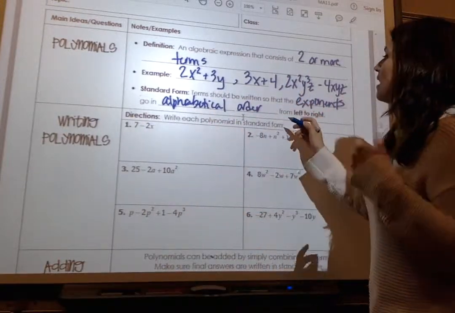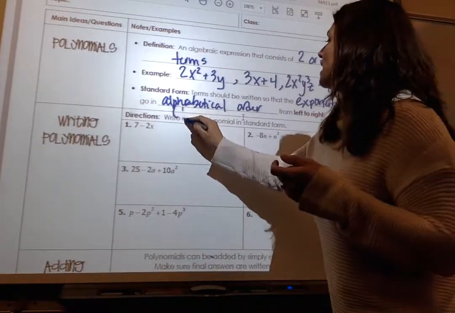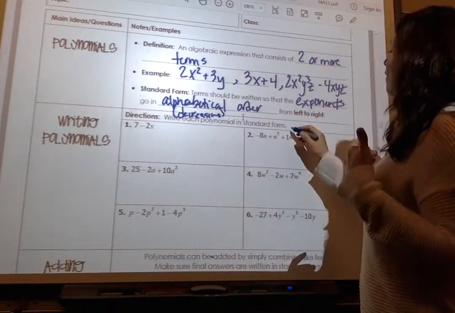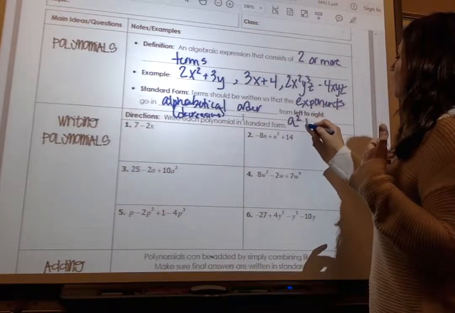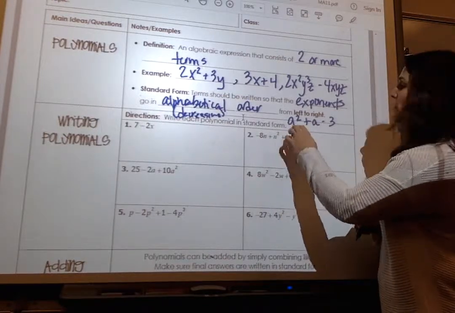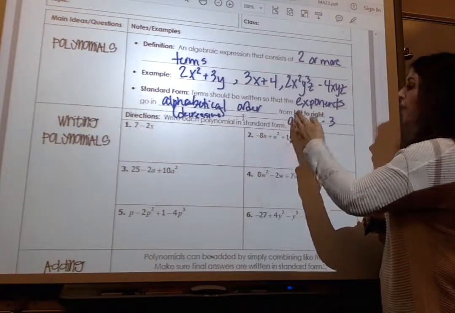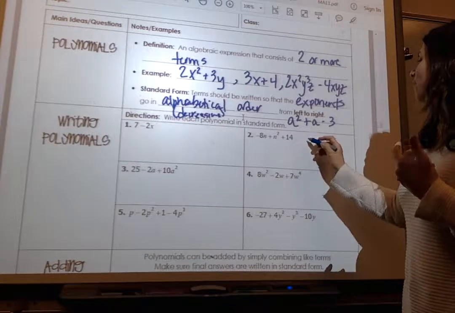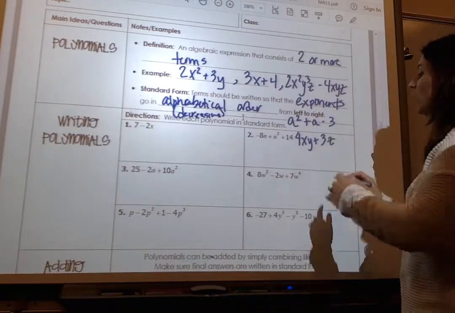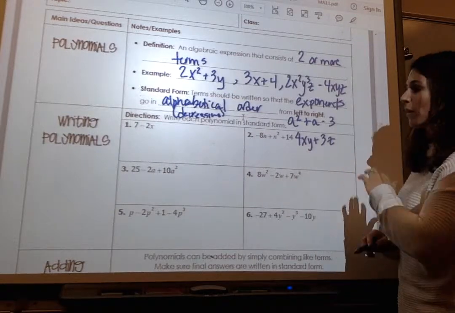So for instance, if you have a squared plus a minus 3, notice how my exponent is decreasing. I start with the greatest one here, and then I go down. And if you have like 4xy plus 3z, notice xy goes in alphabetical order.